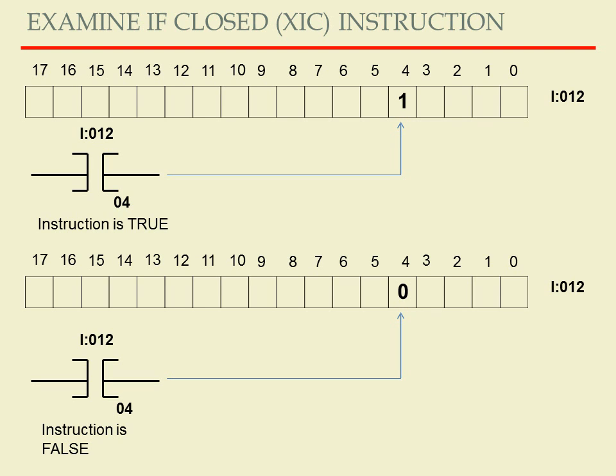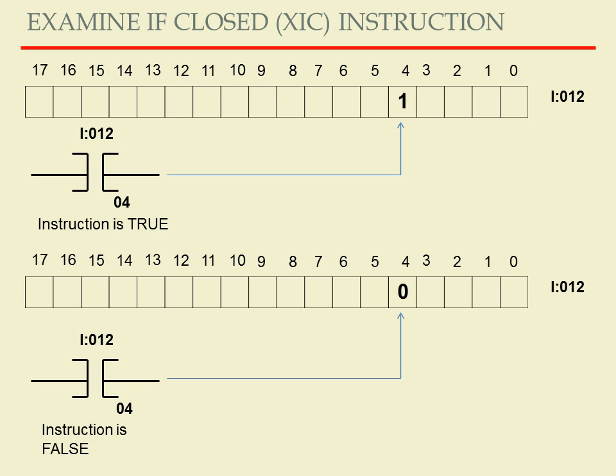So here one example of XIC instruction is given. If this instruction is true, it is specified by the bit 4. I012 is the number of that word or the input device, and 04 is used to store the output.